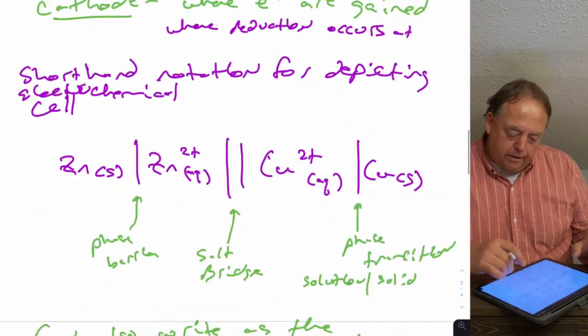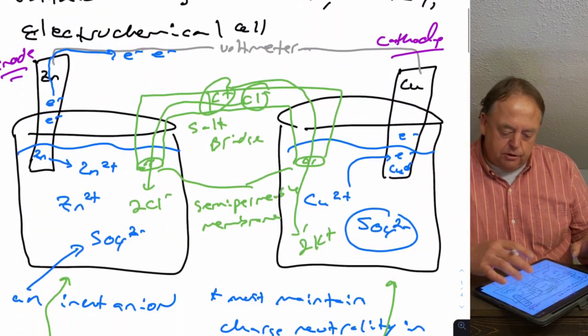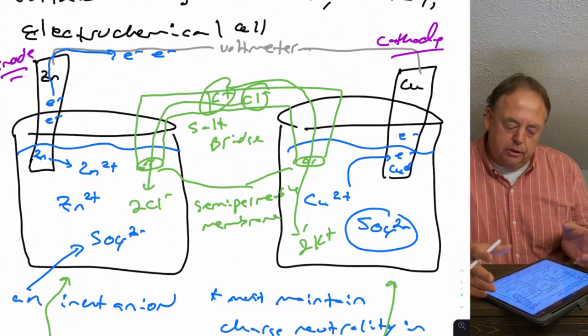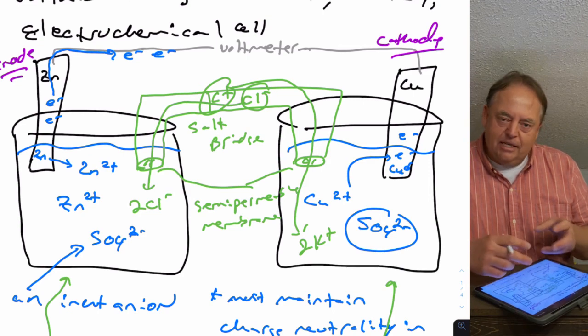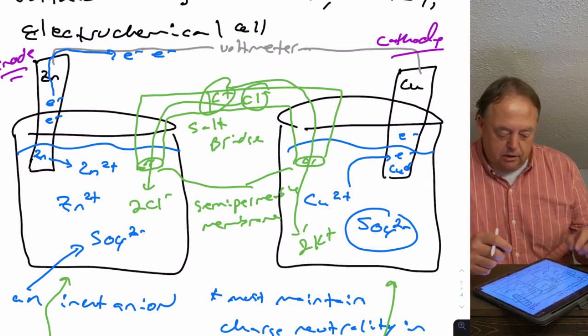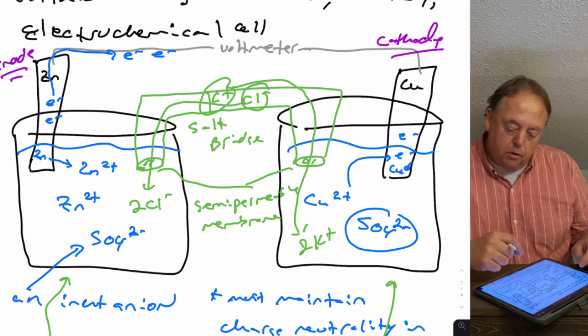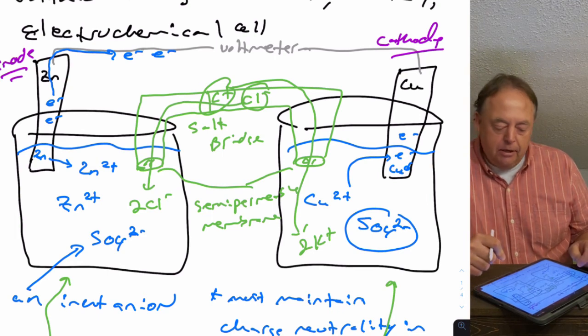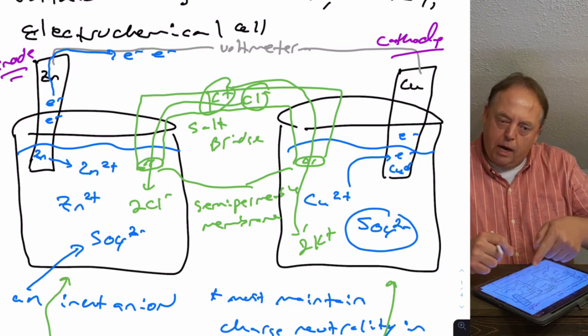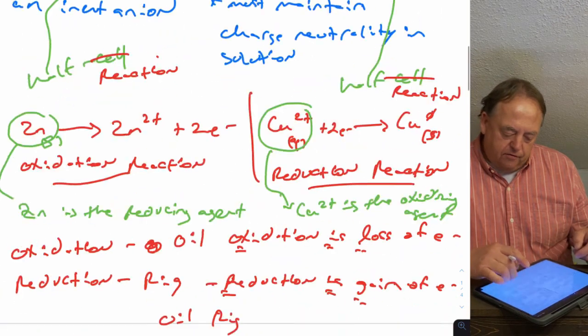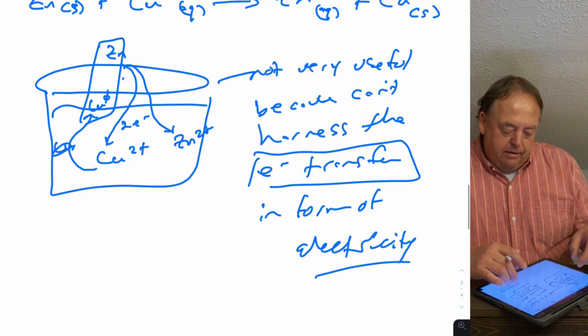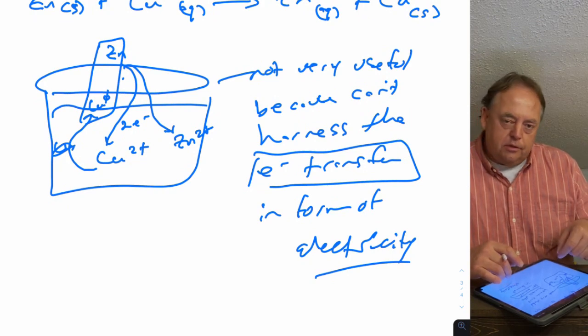That's why for these types of reactions, you put them in two separate beakers and connect them by a salt bridge with a semi-permeable membrane, so that the zinc metal can never come in contact with the copper 2+. Because if they ever come in contact with each other, the electron is not going to go through the wire. The electron is going to go directly from the zinc metal to the copper 2+ in solution.